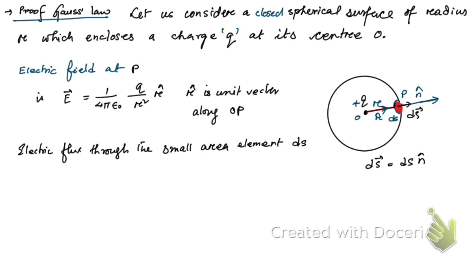So according to the definition of electric flux, we are writing here the electric flux through the small area element. Let me write d phi, that is going to be equal to E dot ds, the area vector ds.